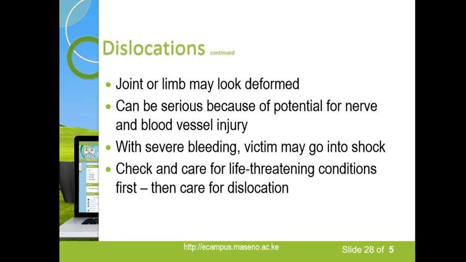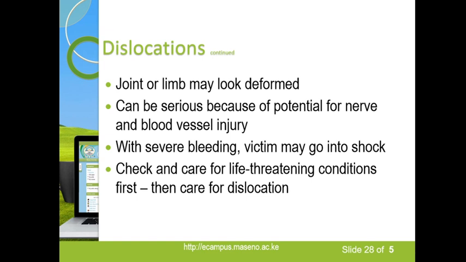One will be deformed, and dislocations can actually be very serious, and that is because of the potential nerve damage or injury to the blood vessels. And if there's severe bleeding, we should be able to watch out for signs of shock or try to stop the bleeding, because eventually bleeding may increase the risk of the casualty going into shock.